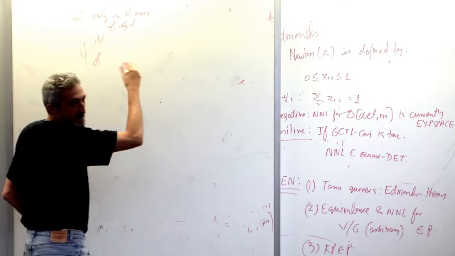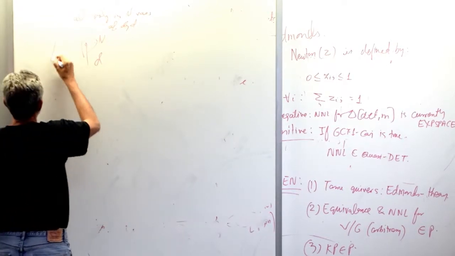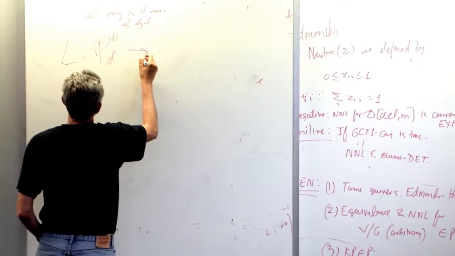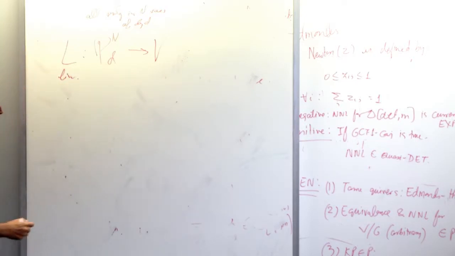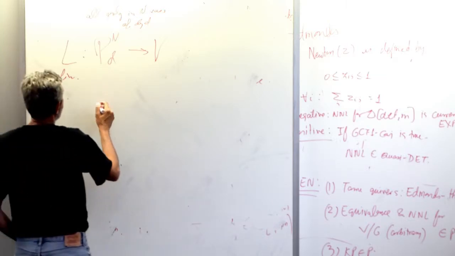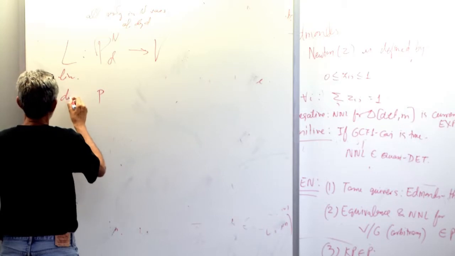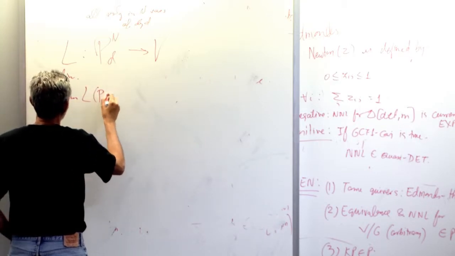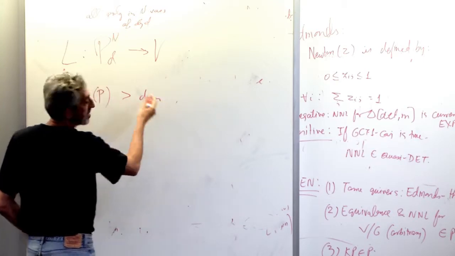I know you like S0, but it doesn't matter. Anyway, we have this space, and we take a linear mapping from this to some vectors, whatever we want. So this is a linear mapping. And the way we prove lower bounds is, let's say for a polynomial p, we want to say that the dimension of L of p is bigger than the dimension of anything trying to compute it.